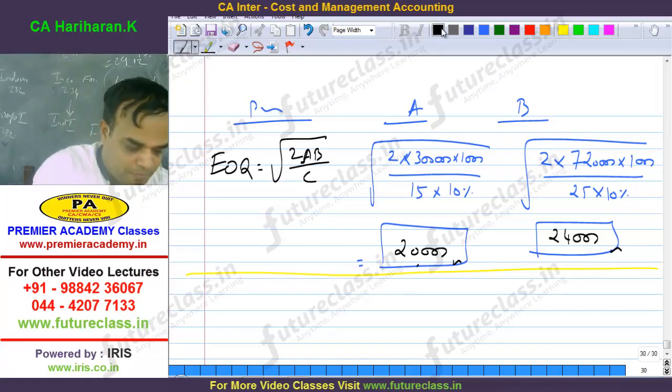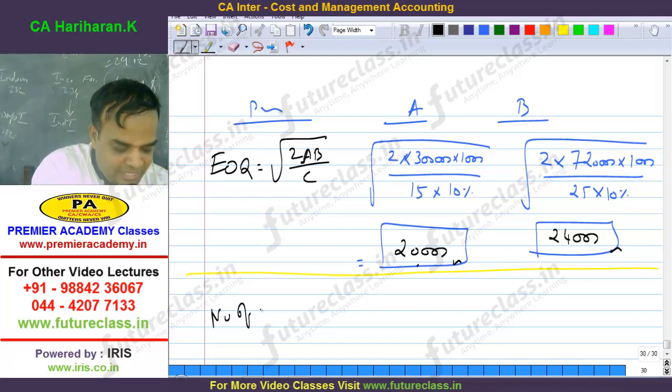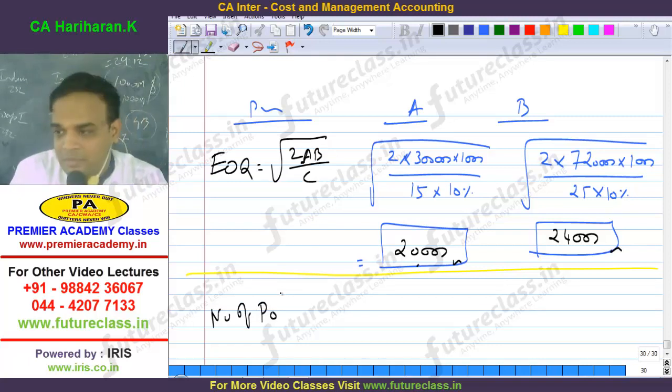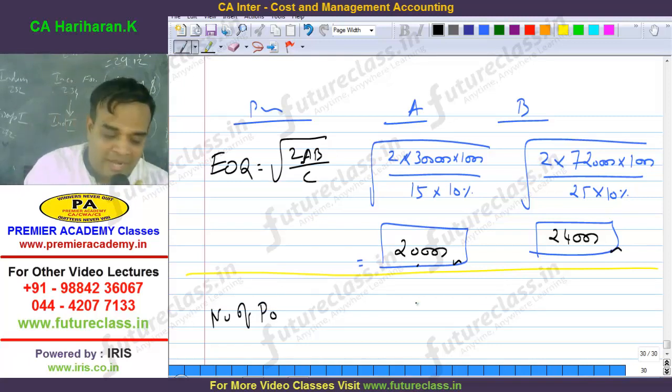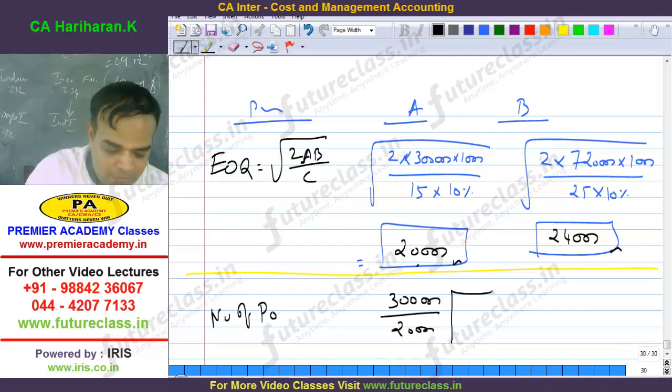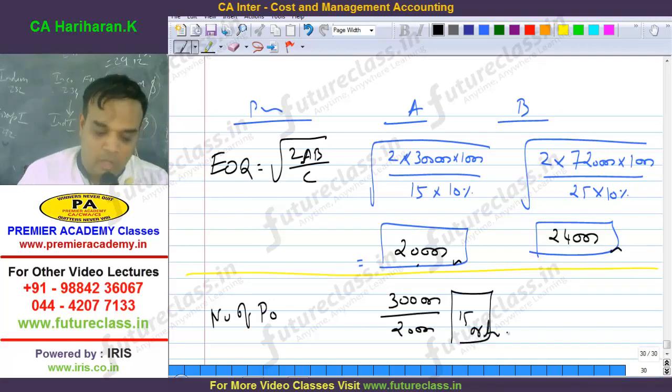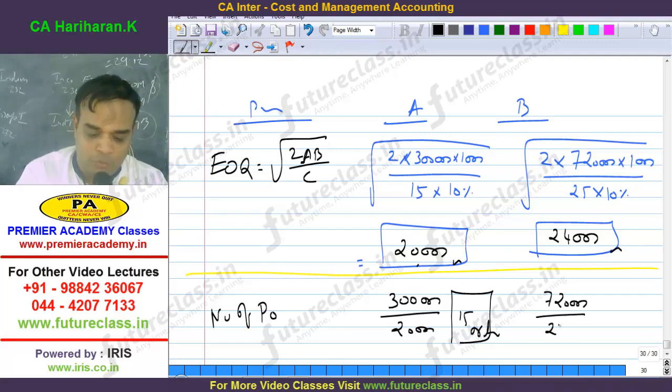Number of orders, nothing but number of purchase orders. Clear? How much is the annual requirement? 3 lakh quantity. Per time you are going to purchase 20,000. Number of orders? 15 orders. Okay? Here 7,20,000 divided by 24,000 is equal to 30 orders.